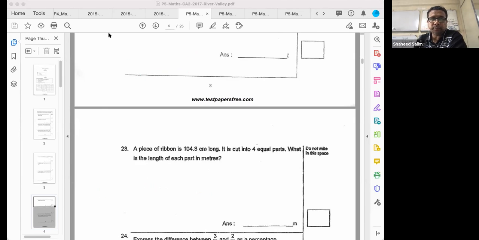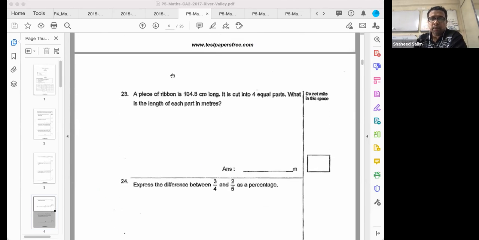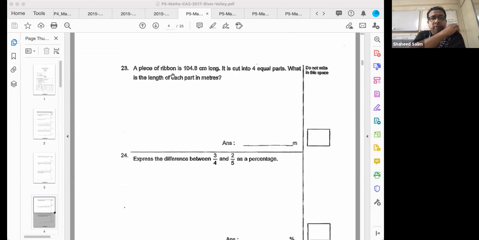23, yeah. For Putri alone, you can do question 24. The rest all 23, please. Farish can do that. Just divide into 4 parts.